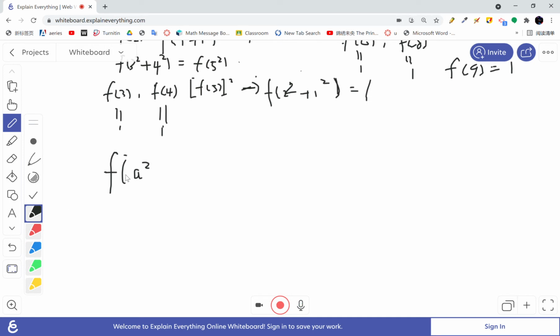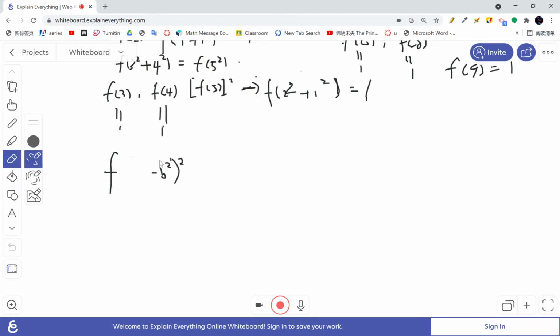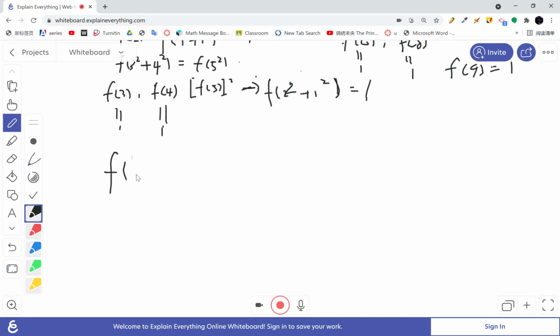So we can see that f of a squared minus b squared plus f of 2ab is equal to f of a squared plus b squared, which is equal to f of a times f of b.